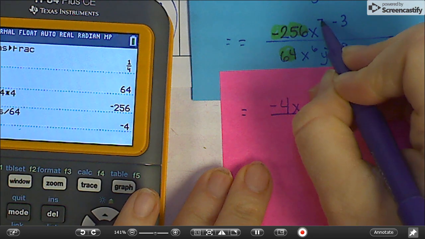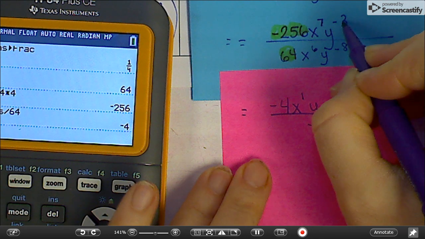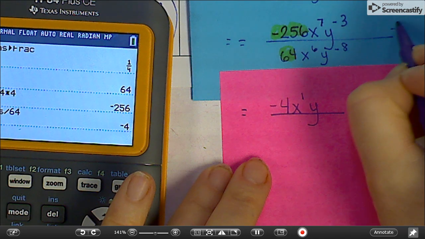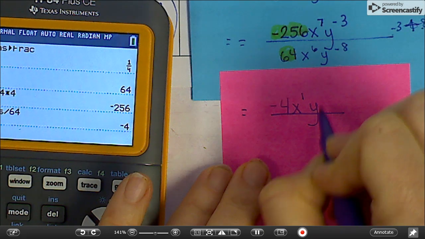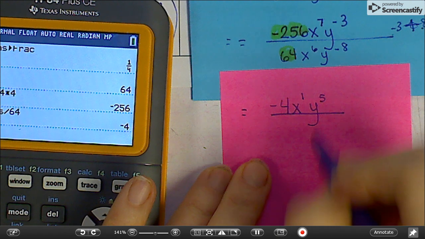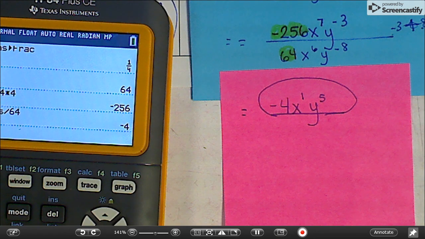X, 7 minus 6 is 1. Y, negative 3 minus negative 8 is negative 3 plus 8, which is 5. And that is the answer. The denominator goes away. This is tricky stuff.